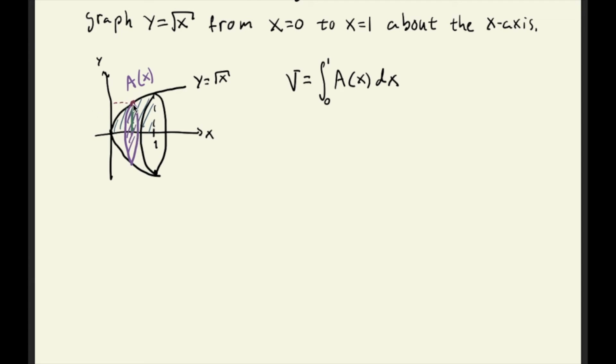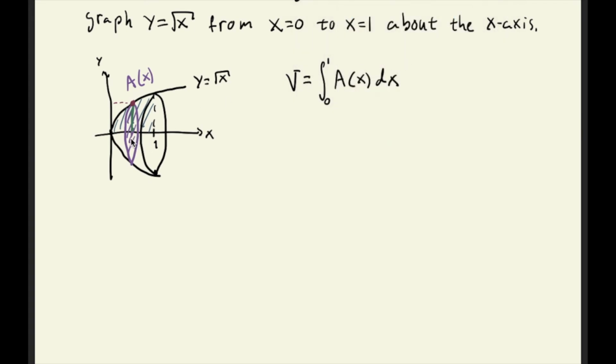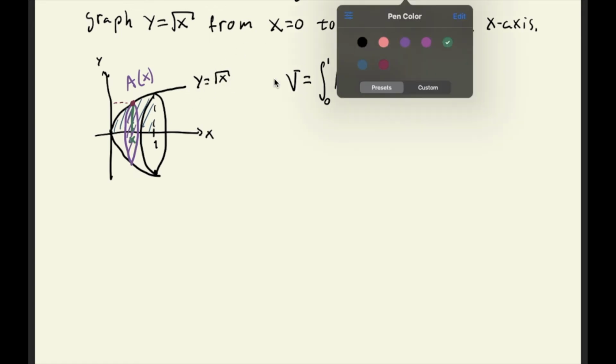And how can we figure out what the y-coordinate of this point is? Well, first, we know the x-coordinate. This is the cross-section at x, so x is given to us. The x-coordinate is x. The y-coordinate, well, this point is on the graph y equals root x, right? So the y-coordinate is root x.